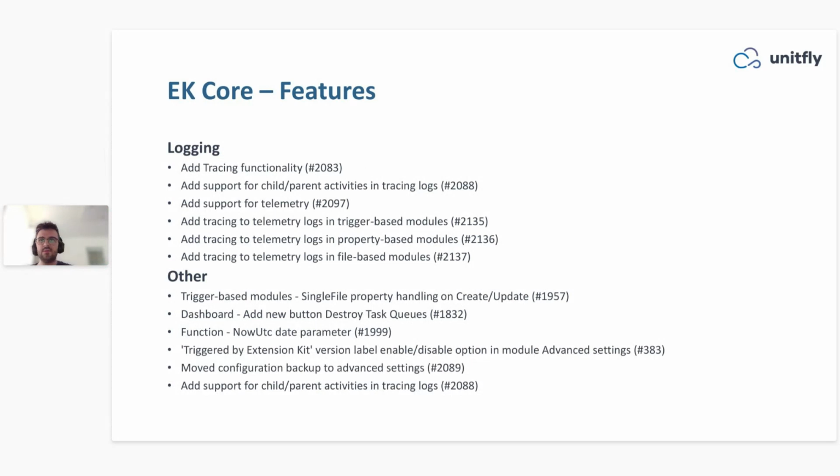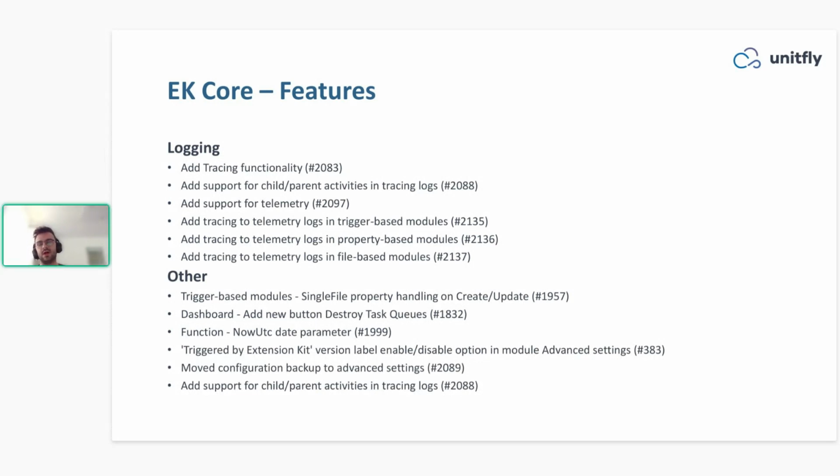We also worked a lot on logging. So we are working on setting up external dashboard known as SEC for all of our customers, and we added a lot of tracing functionalities, so we can maybe in a better way follow how long the operations take time to execute, and what are parent and child activities of that operation.